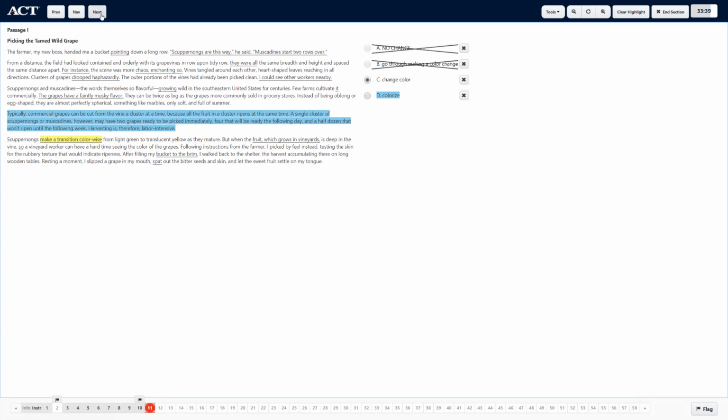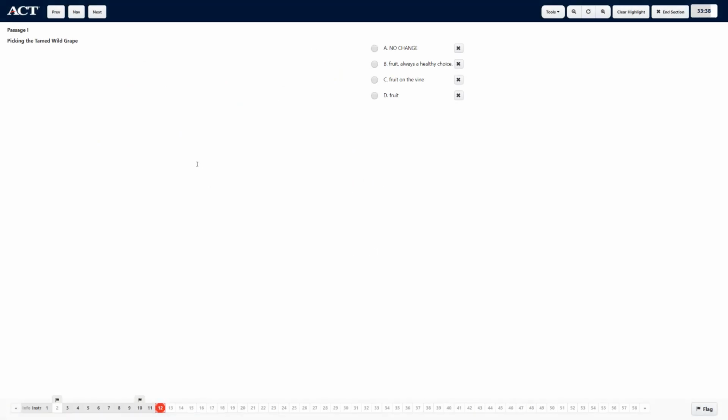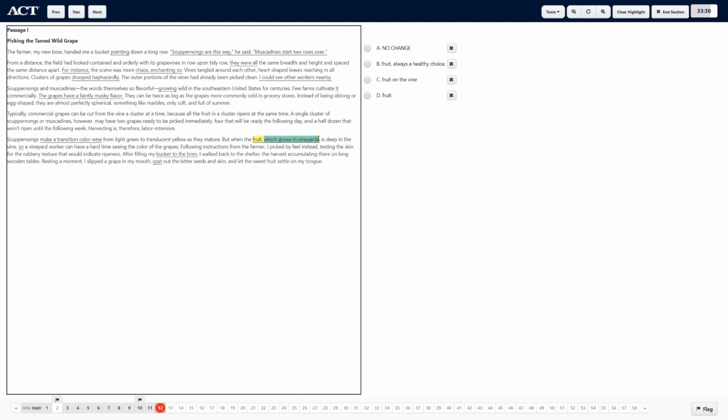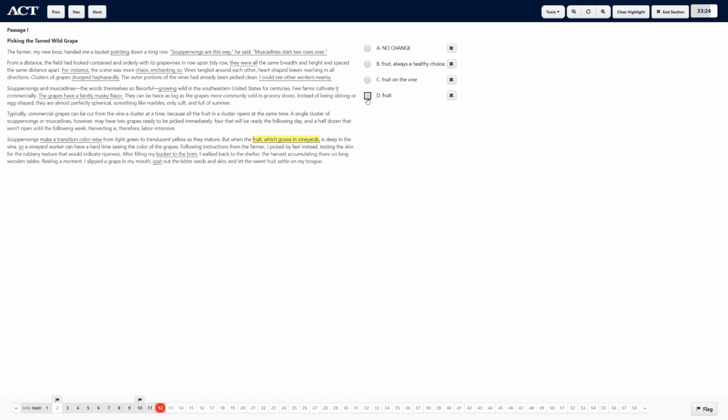But it's not appropriate here. But when the fruit which grows in vineyards. Okay, so this has been answered in previous paragraphs already, so it's going to be just fruit. Always the most concise answer.